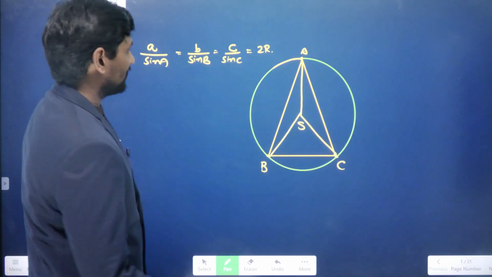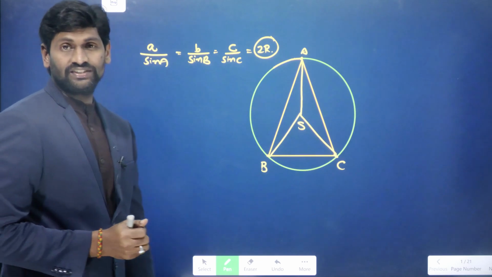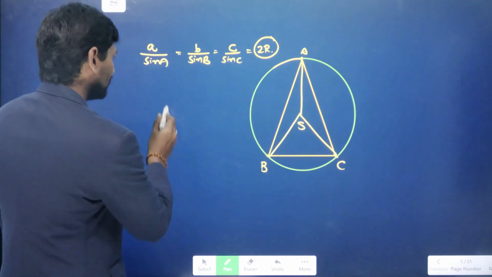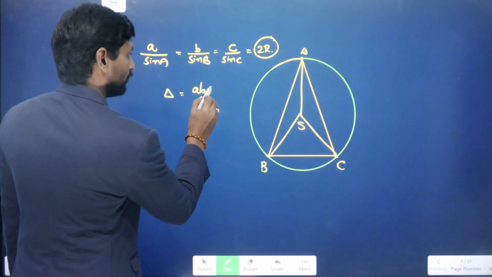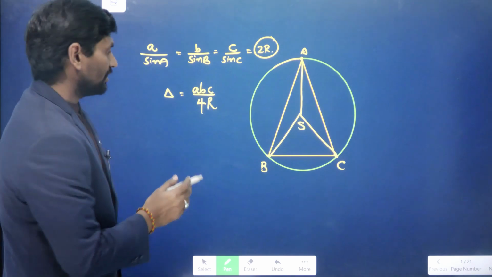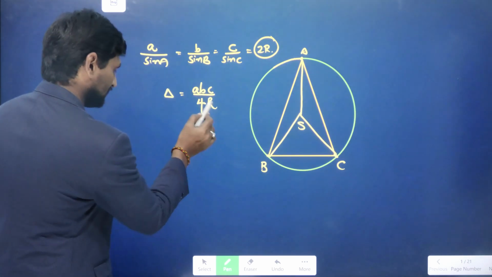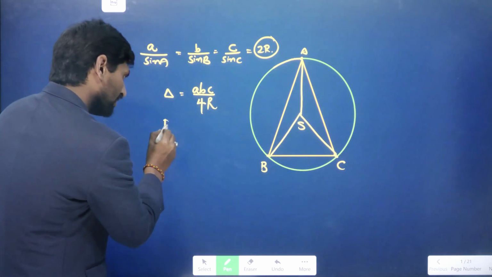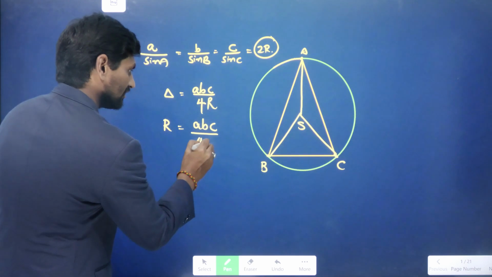Now we can write that in the place of, we have discussed the formula that area of a triangle delta equals abc by 4R. That means when you exchange delta, the area, and R, the radius, R is equal to abc by 4 delta.